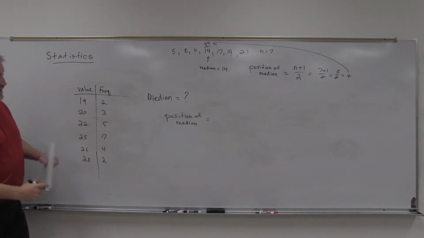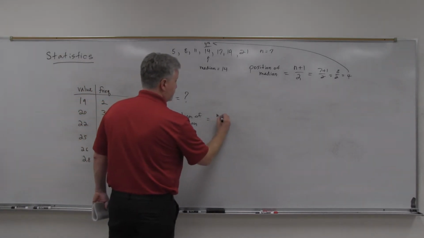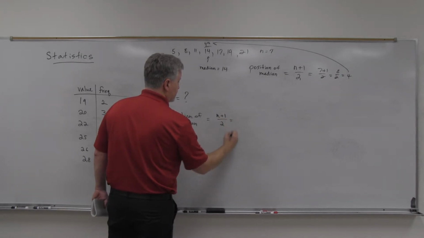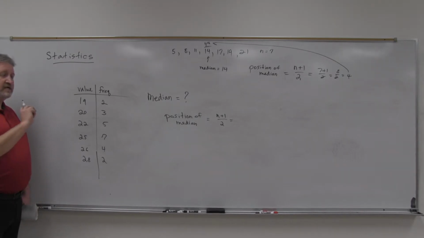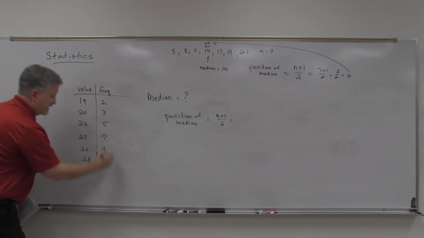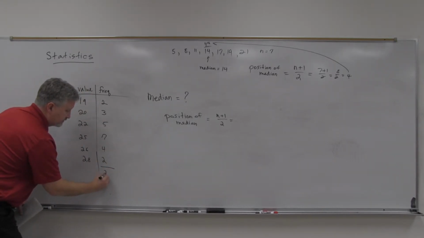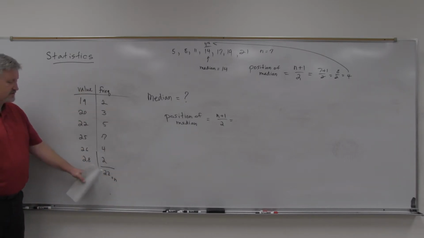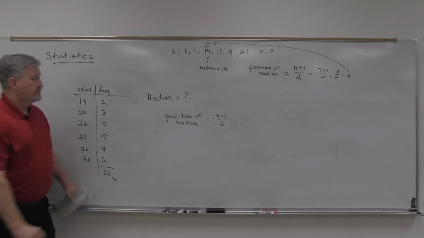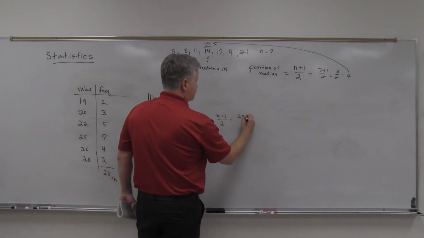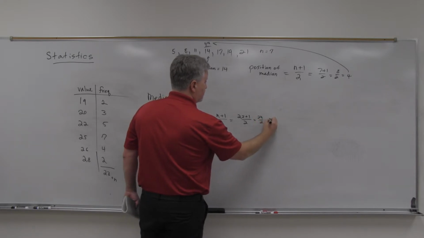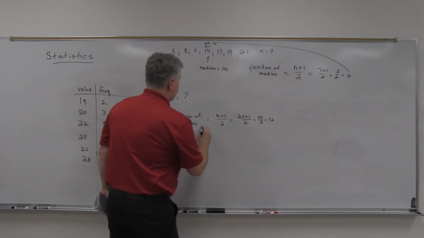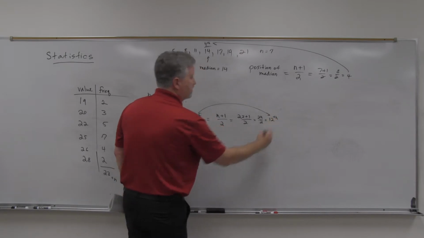In this particular case, the position of the median is always n plus 1 divided by 2, like that formula shows me there. And n is just the number of values there are, so this number right here is n. The number of values there are is 23 values. So if I take 23 plus 1, divide that by 2, that gives me 24 divided by 2, which is 12. So the position of the median, it's in the 12th position.